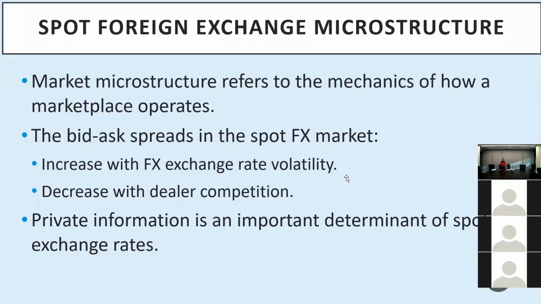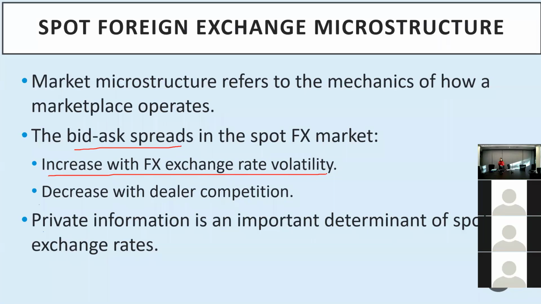So with a bid and ask rate, the dealer can change their bid and ask rate based on their expectation about the future value of the currency, as well as based on their perception about the riskiness of the foreign exchange market, right? So similar to any other financial markets, you will see that the bid and ask spread would increase whenever there is more volatility.